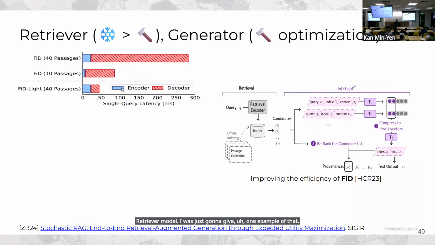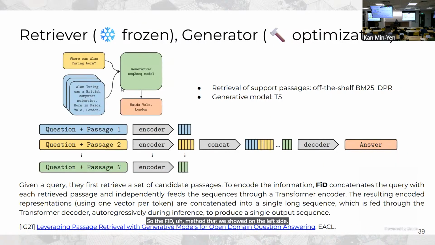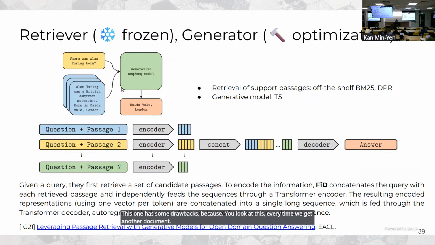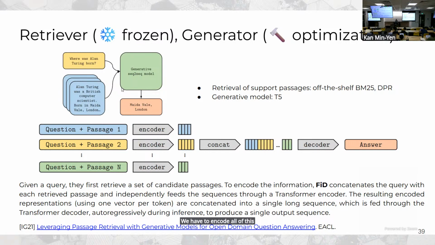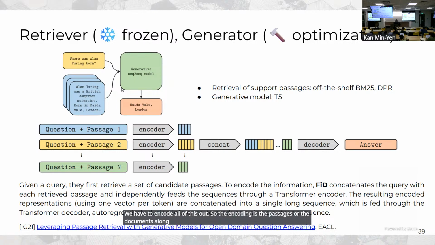So the FiD method that we showed on the last slide has some drawbacks, because every time we get another document, we have to encode all of this. If the passages or the documents are long, it could take a lot of time to encode.